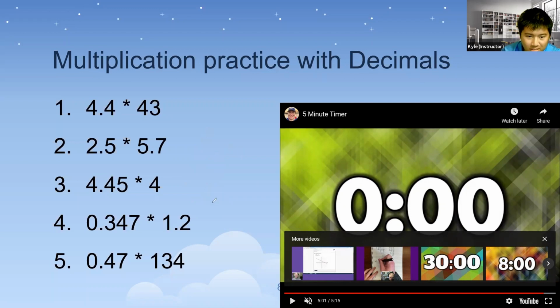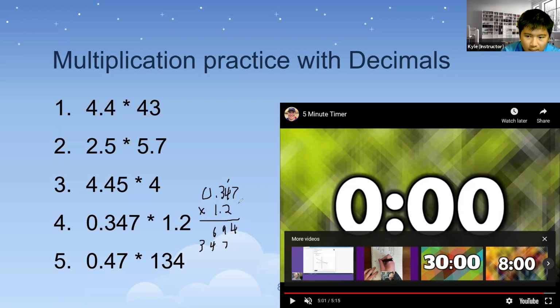So again, let's do this as a group. We're multiplying this by 1.2. So 2 times 7 is 14. Add the 1. 2 times 4 is 9. Now 2 times 3 is 6. Afterwards, we do the same thing. 1 times 7, 7. 1 times 4, 4, 3.